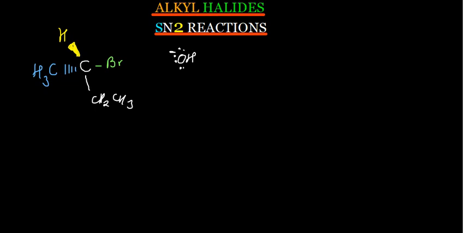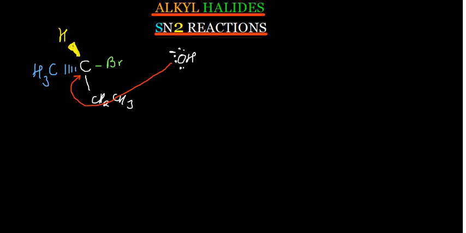So when this one attacks, it mostly attacks from behind the bromine, from behind the halogen, like that. The nucleophile will always attack 180 degrees from where the halogen is. We need to take note of that.